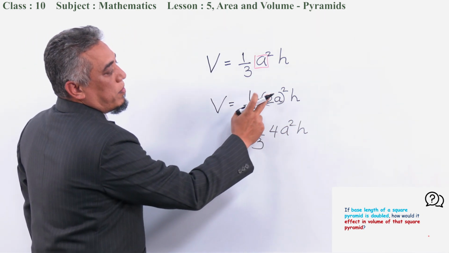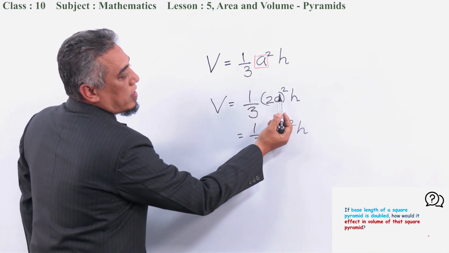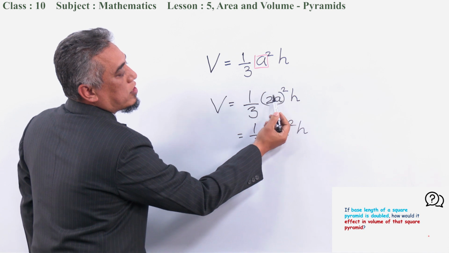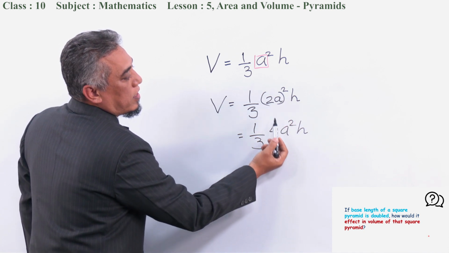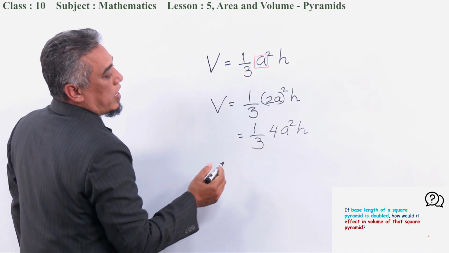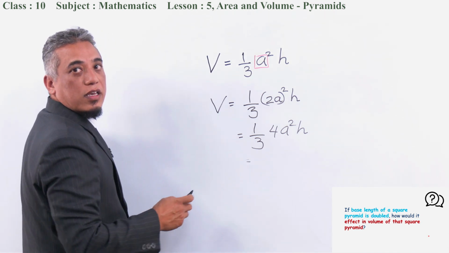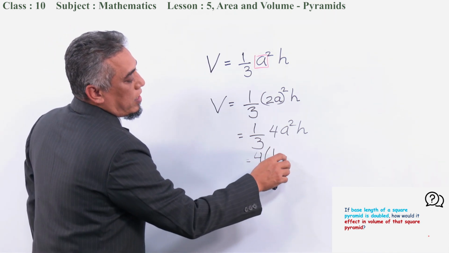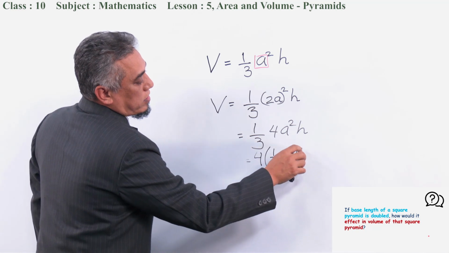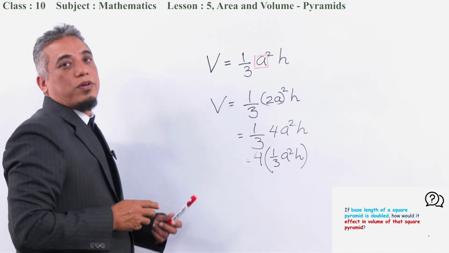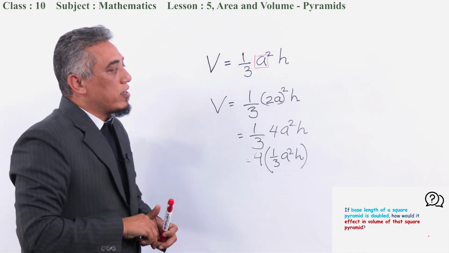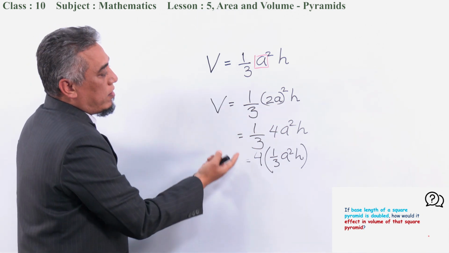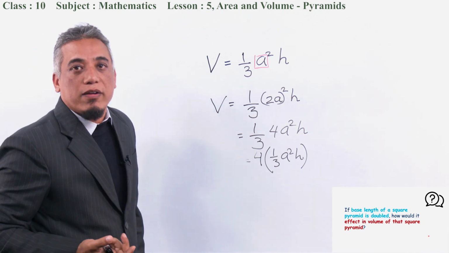Yes. Because of this square, this 2 is squared, so 4. This square is distributed over both the factors. Now you can see it is 4 times 1/3 a squared H. So we have seen the effect of doubling the base length, that will make the volume multiplied by 4.